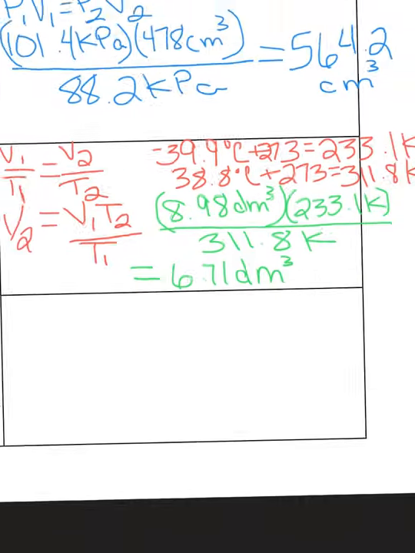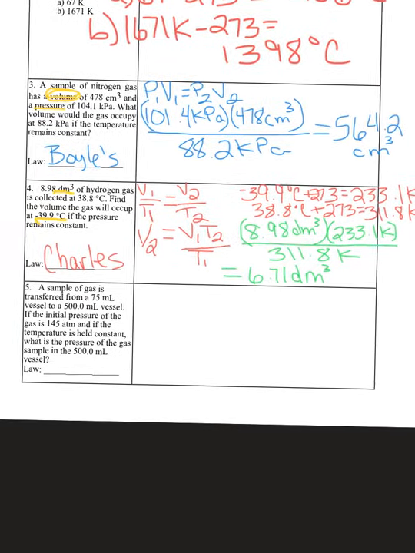Now, you need to go back and check your answers to make sure it makes sense, okay? Charles' law tells us that as temperature increases, volume increases. So the opposite holds true. If the temperature goes lower, the volume's going to decrease. So what happened to the temperature? We started at 38.8 degrees Celsius and it went down to negative 39.9 degrees Celsius.